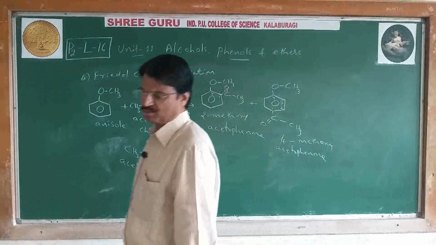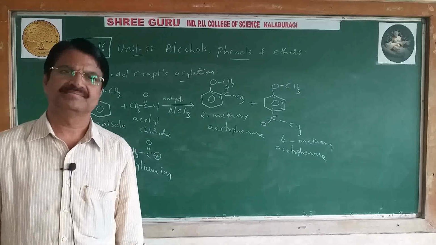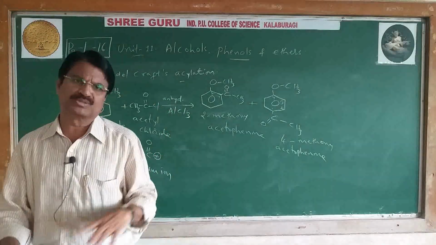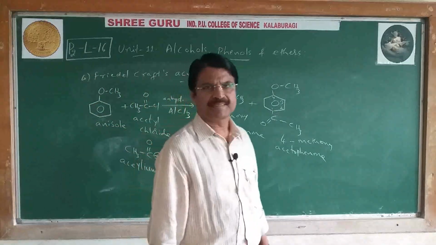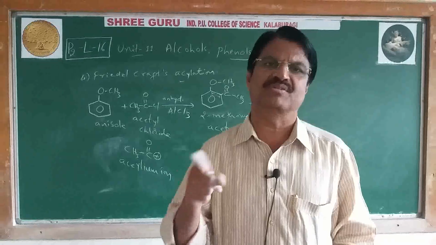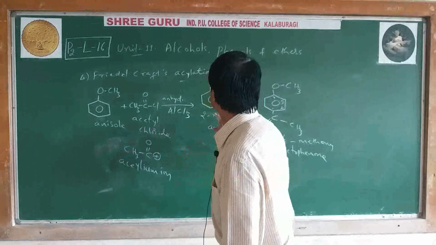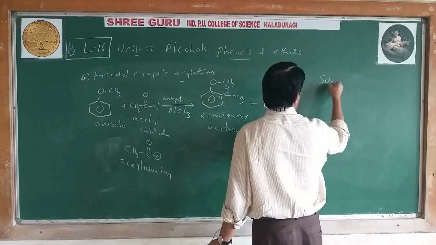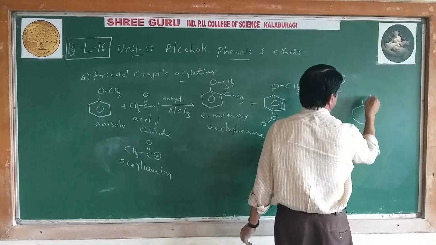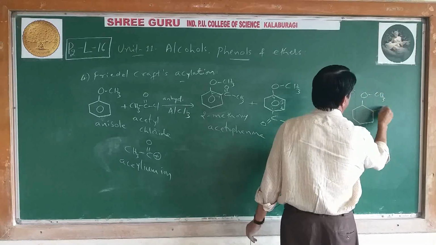Similarly, it can also undergo what? Sulfonation. It is not there in the syllabus, but anyway, it also undergoes sulfonation and gives two compounds. 2-methoxybenzene sulfonic acid, because in sulfonation SO3H attacks the benzene ring, giving OCH3 and SO3H.